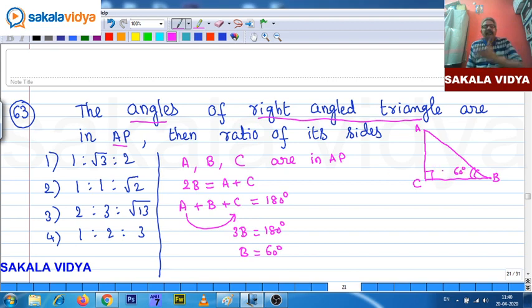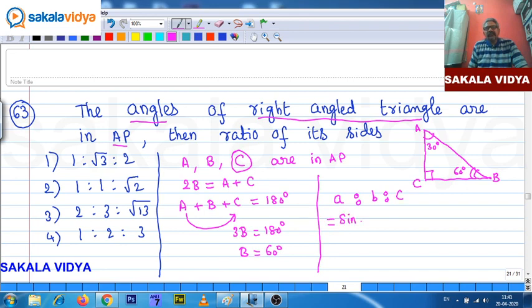So as it is a right angle triangle, A should not be the right angle; it is at C only, because here you remember the highest angle will be C. That's why C is 90, and A will be 30. Now we know all the angles. We need to find out the ratio of the sides. a is to b is to c is equal to sin A is to sin B is to sin C. Let us substitute.